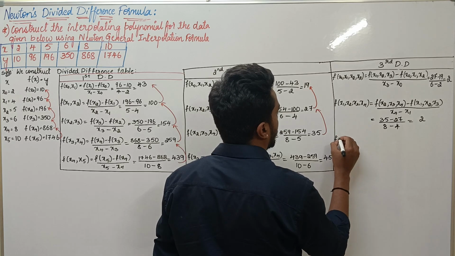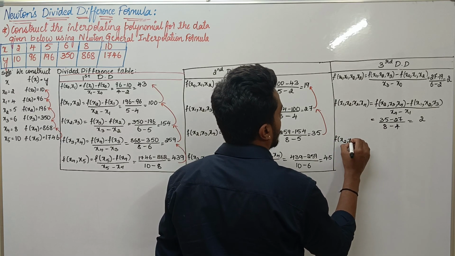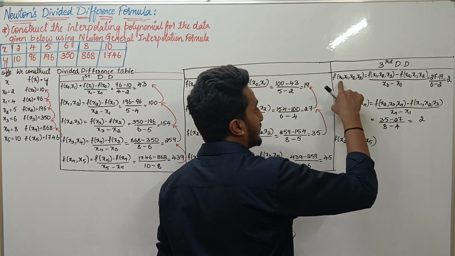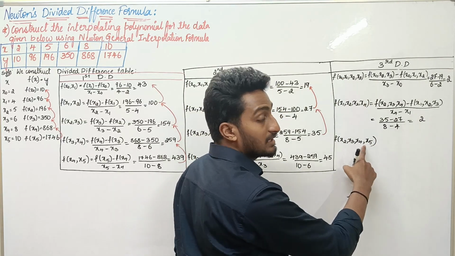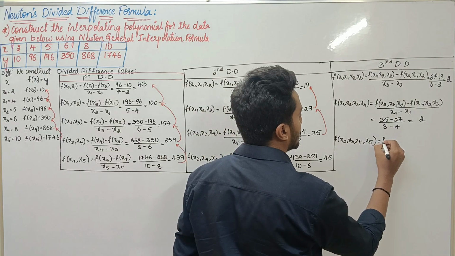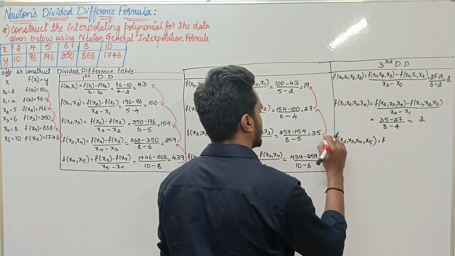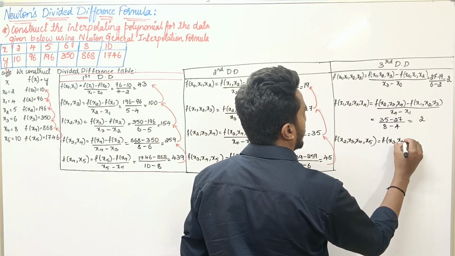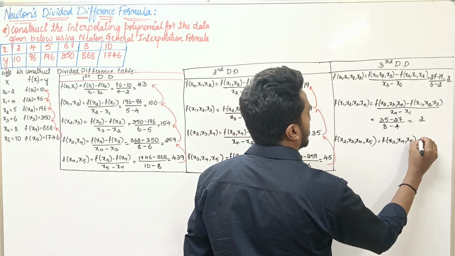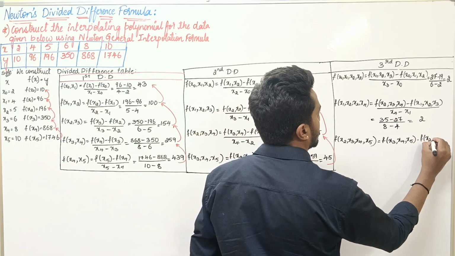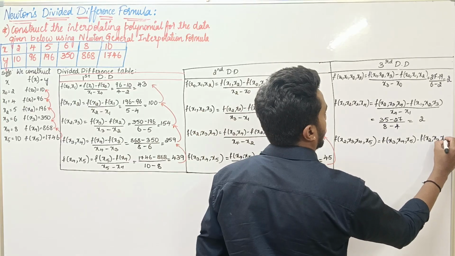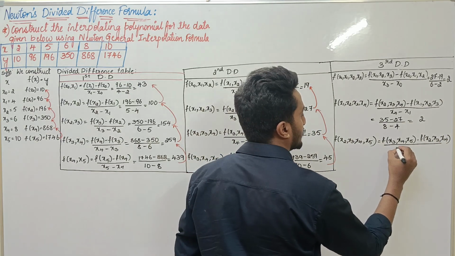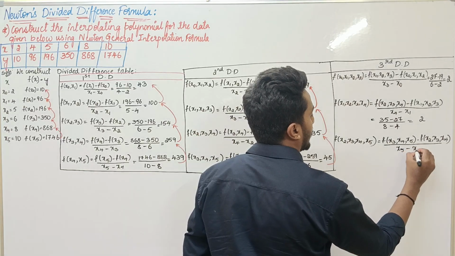The next we have f of x2 x3 x4 x5. See, the leading interval is x2 and the ending interval is x5. Again this minus this: f of x3 comma x4 comma x5 minus f of x2 x3 x4, whole divided by last element minus first element, that is x5 minus x2.